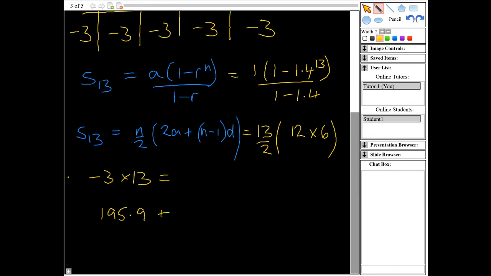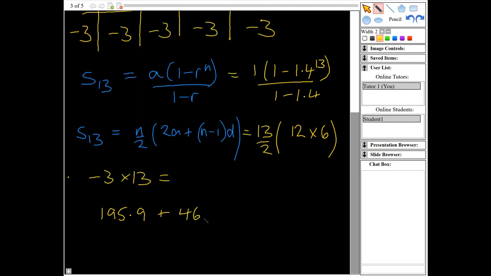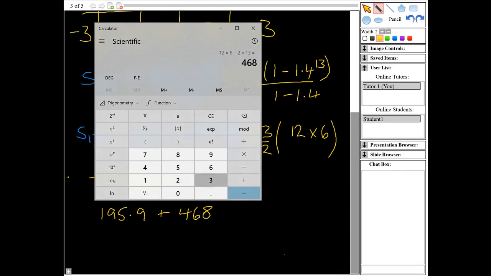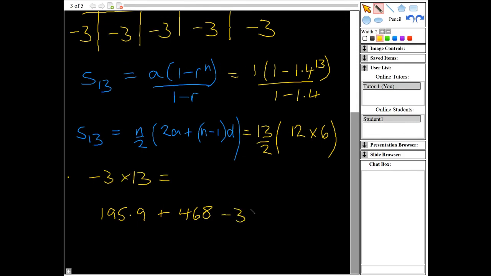Then I need to do 12 times 6 divided by 2, and then times 13. So that gives me 468. And then I need to do 13 times 3, and that's minus 39.